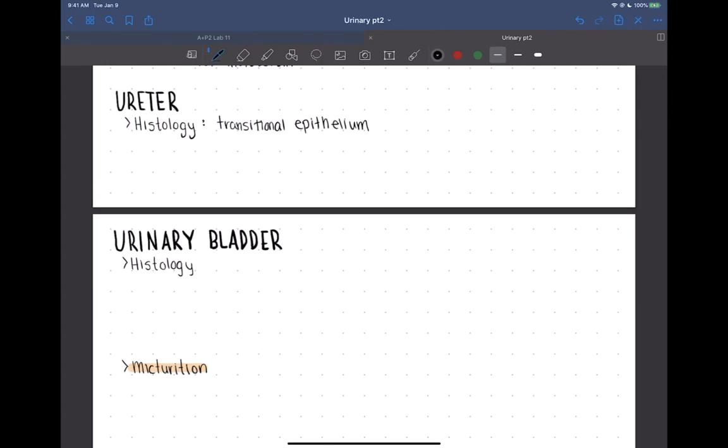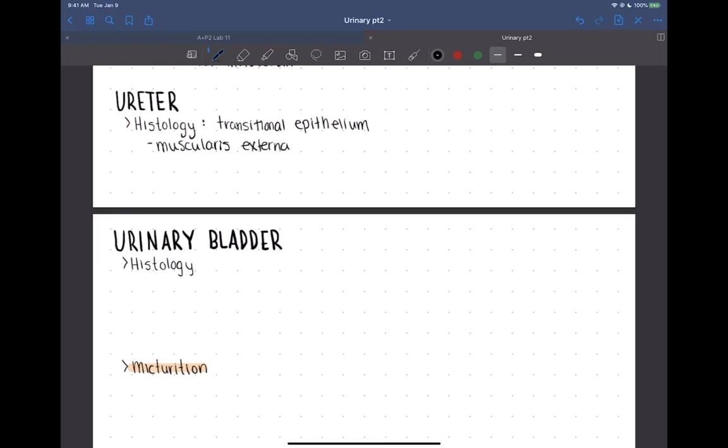It contains transitional epithelium, which functions to stretch, so these ureters are made to stretch to some extent. And then they do have a muscularis externa.